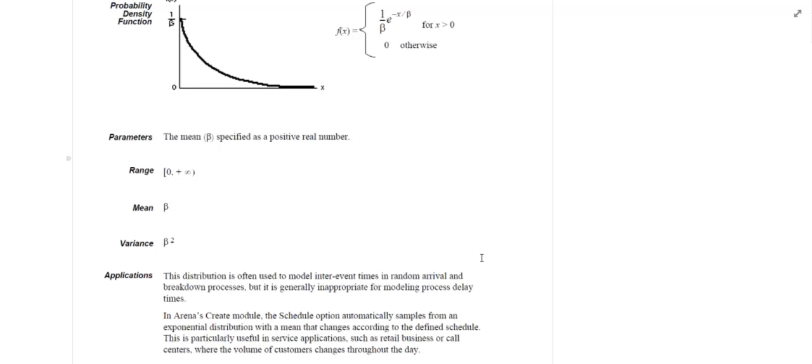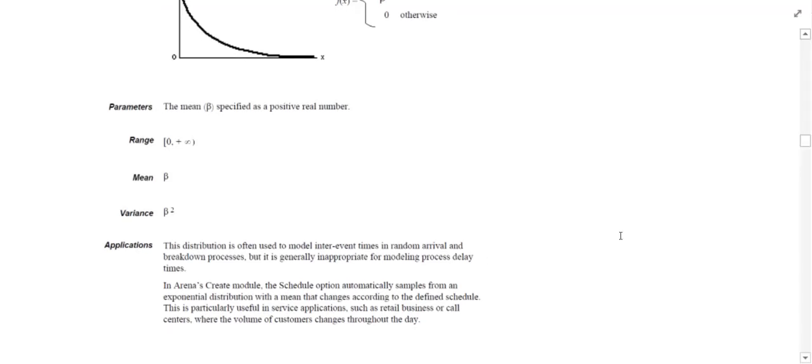In ARENA's create module there is the schedule option, which is jumping ahead a little bit, but we'll use it where you're using time-based arrivals and specifying those arrivals and the duration between them. The schedule option automatically samples from an exponential distribution with a mean that changes according to the defined schedule. So you define that mean. I'm not sure if we went over that last time.